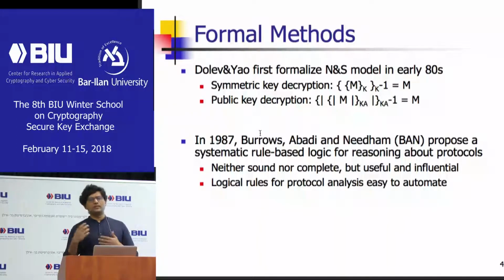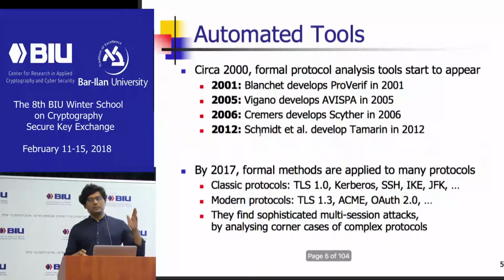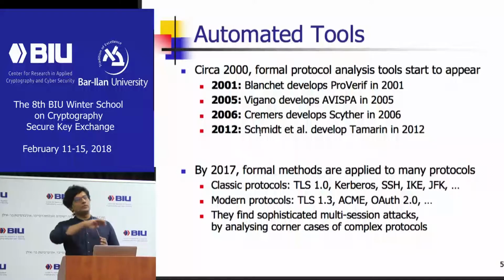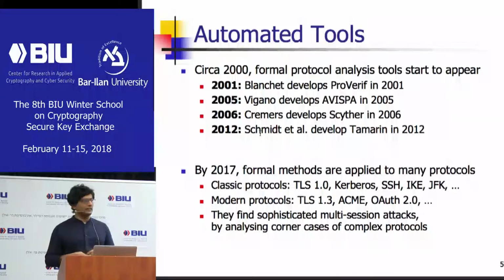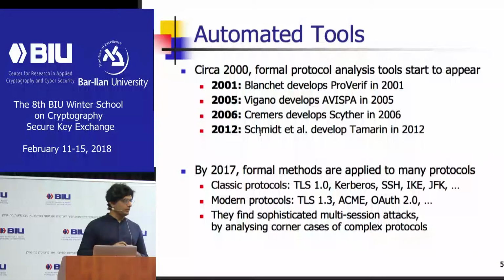This logic is neither sound nor complete, but it was considered quite useful and it was influential in several protocol designs. But the place that this line of work came to was a bunch of automated tools that were developed in the 2000s, including the tool that you will look at called ProVerif, but also other tools like AVISPA, Cider, and Tamarin, which are all tools that work in the so-called formal model or the symbolic model.